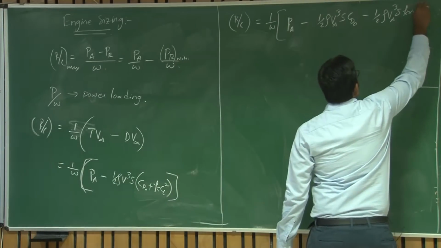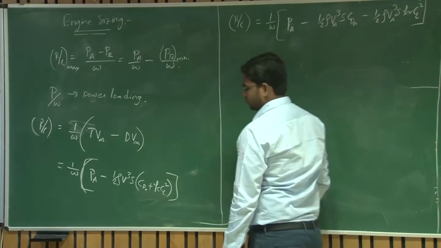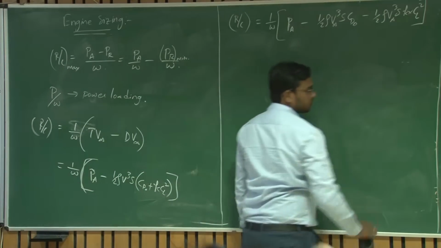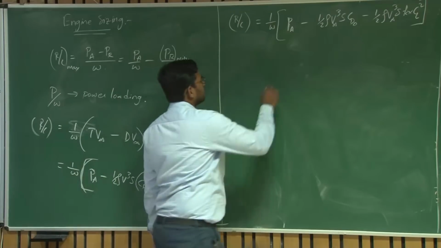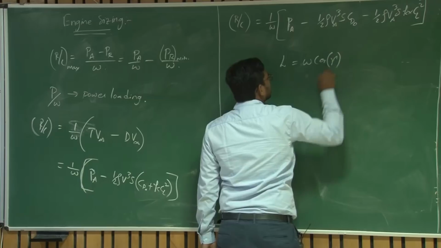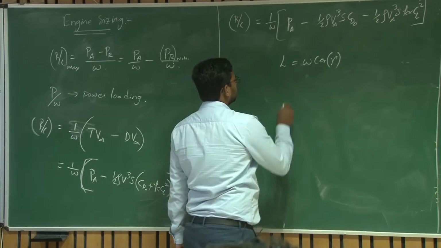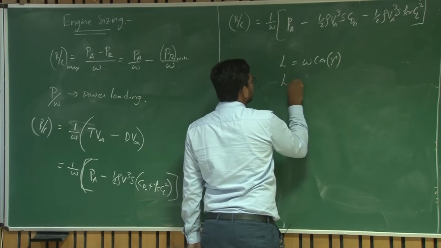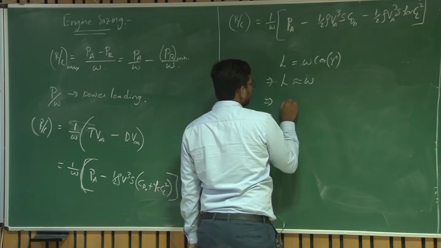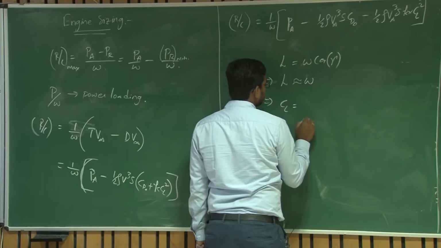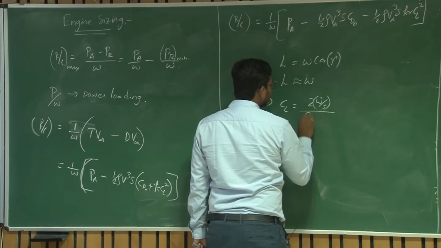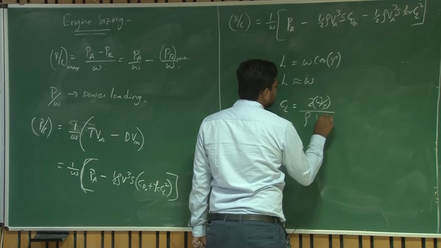This is CL square. From the second equation of climb, we have L equal to W cos gamma. For a small angle of climb, this can be closely assumed as L equal to W. So the corresponding CL is 2 W by S by rho V infinity square.